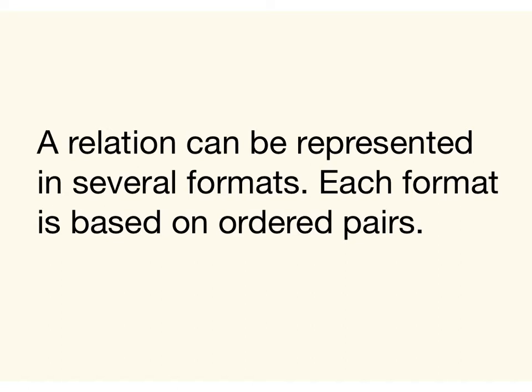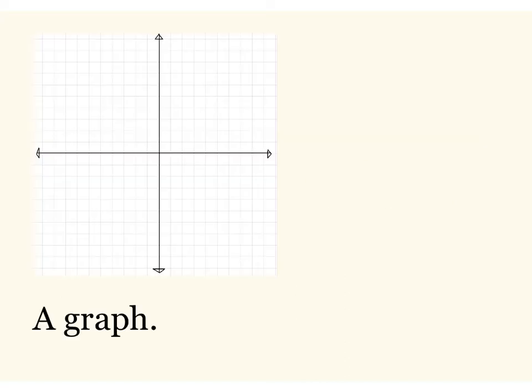Now, relations can be represented in several formats. Each format then leads to being able to create an ordered pair or a set of ordered pairs. So in this case, let's suppose we have a graph, and I'm going to graph a line.